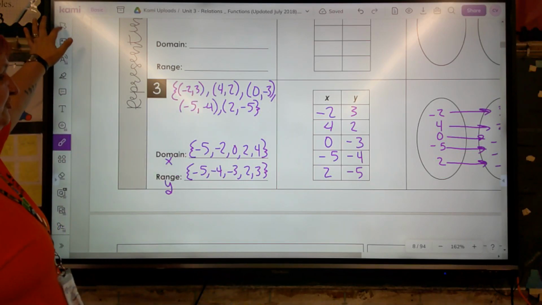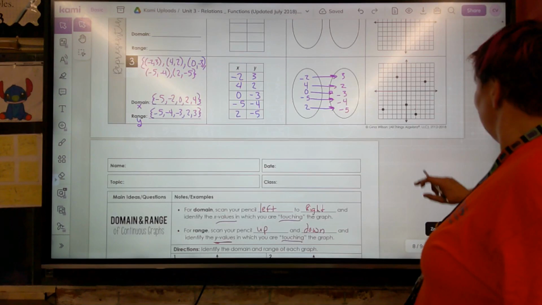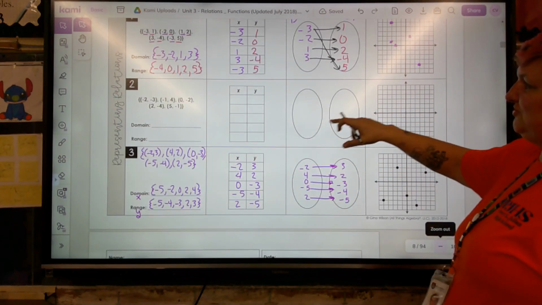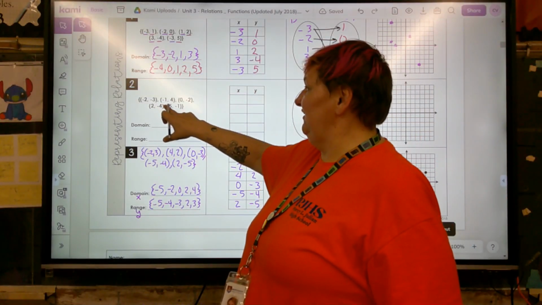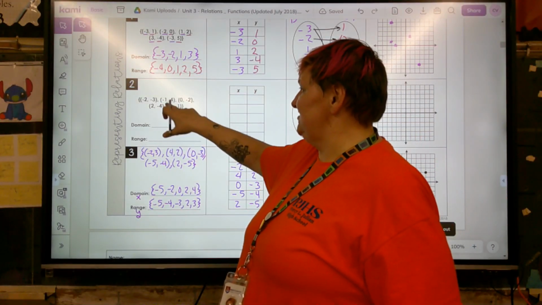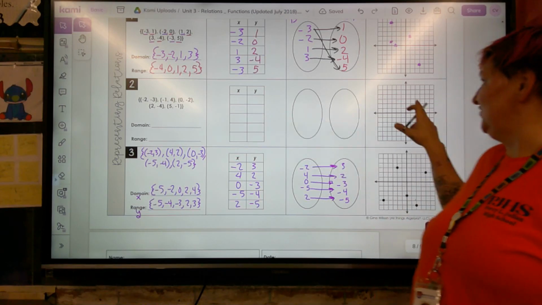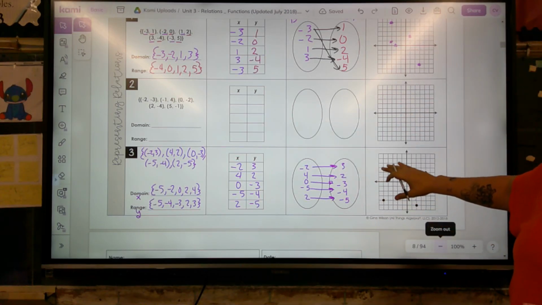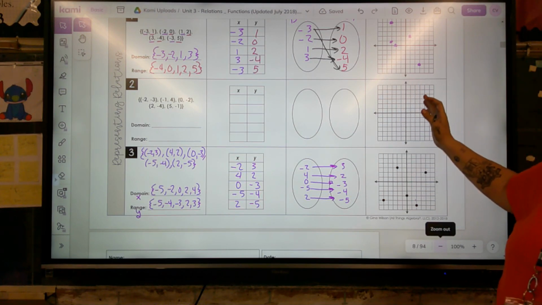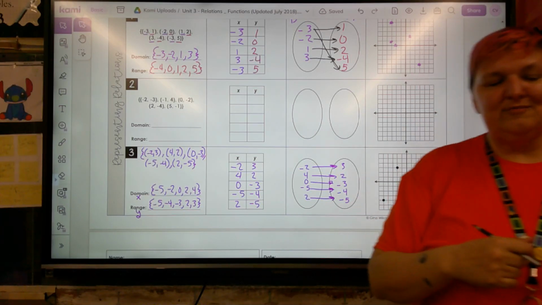So now that I've shown you frontwards and backwards, you should be able to do number 2 no problem, because it gives it to you in the beginning. And you can use this for this, this for this, this for this, and this for this. No problem. When you have a comfortable idea what's going on here, and you're ready to go forward or backwards, bring it back and I'll give you your mastery check.